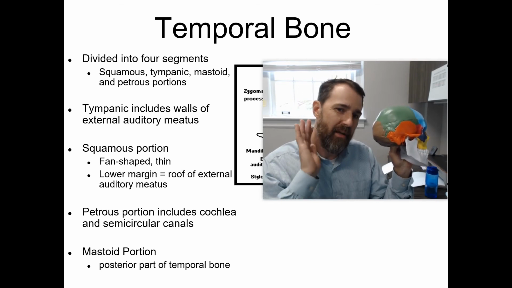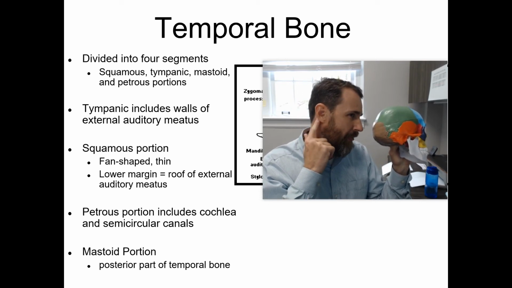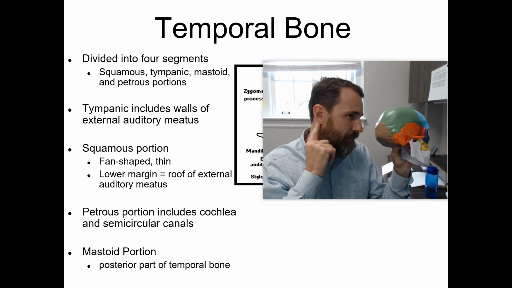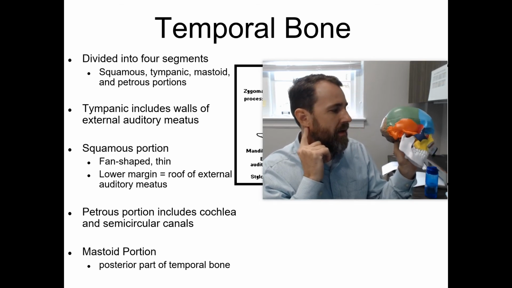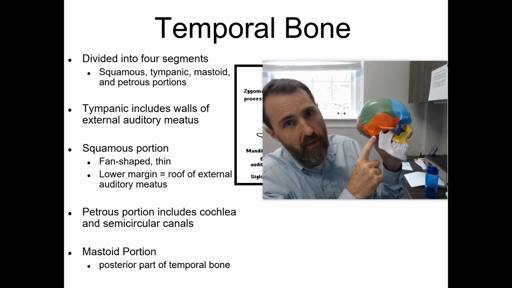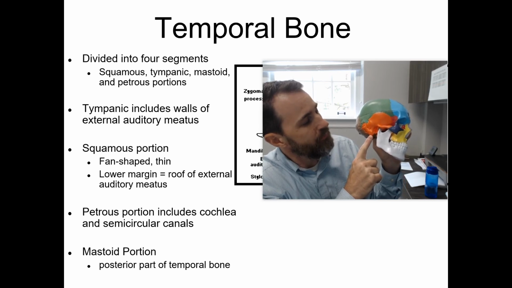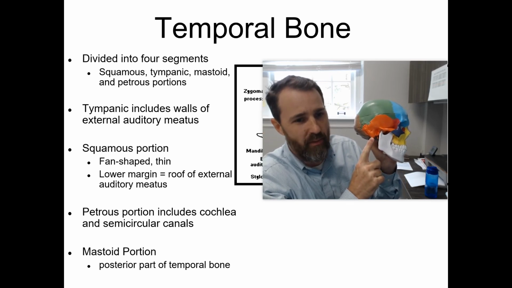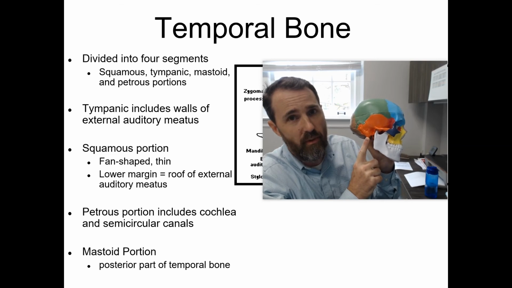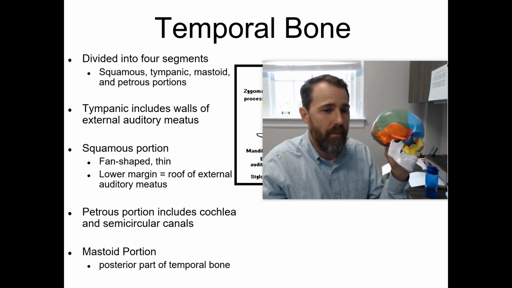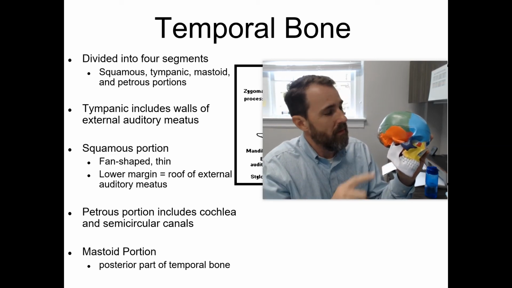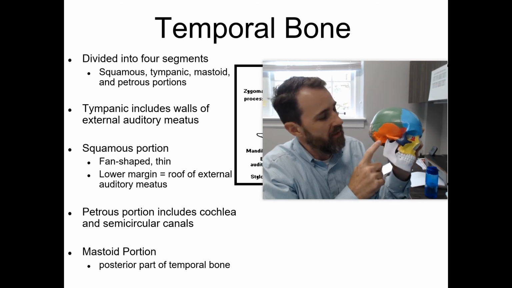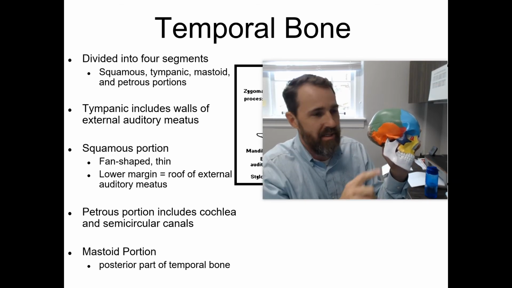Now, if you take your finger and put it behind your ear and feel that bump right there, what you're feeling is this portion of the temporal bone, and that is known as the mastoid process, or the mastoid portion of the temporal bone. So squamous, tympanic, mastoid.